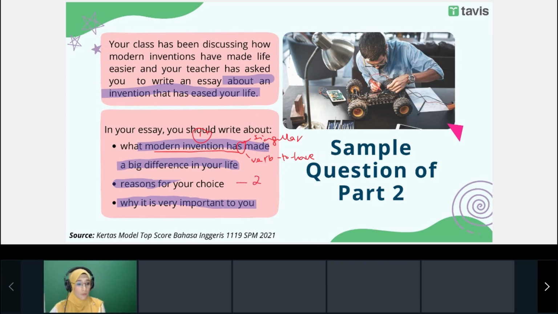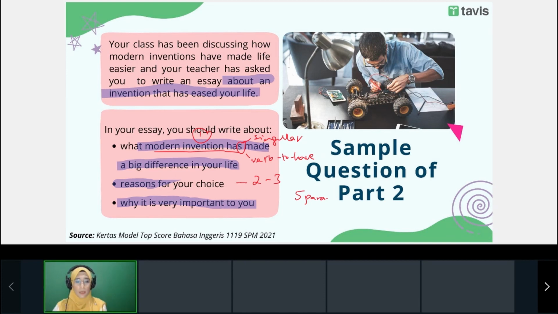two reasons. If you plan to have 5 paragraphs, then you need to have 3. Oh teacher, why so many? Again, you don't have to write long sentences for each paragraph.